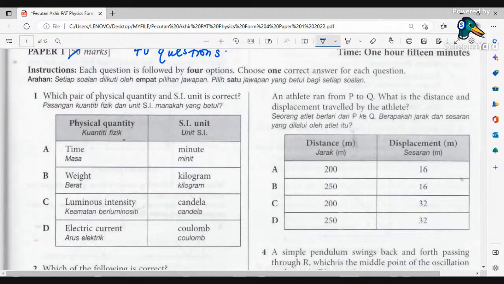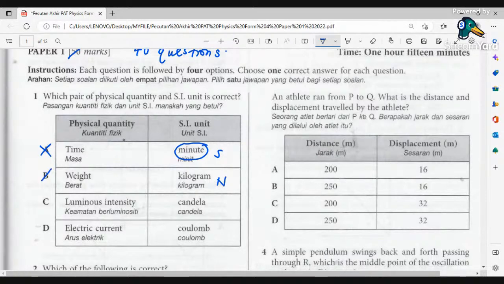Which one is correct? Time, no, it's not minute. Should be second, small s. So A is not the answer. Weight, kilogram, also wrong. If weight is force, should be Newton.